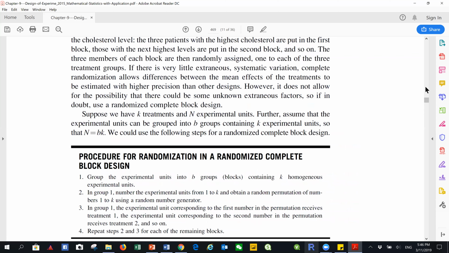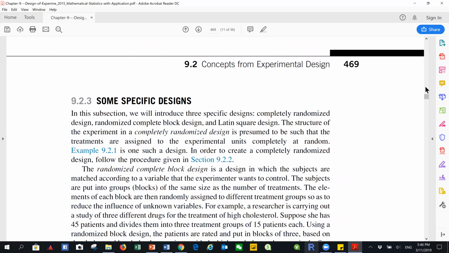Okay, there is another specific design, which we call the randomized complete block design. It is a design in which subjects are matched according to a variable that experimenters want to control.